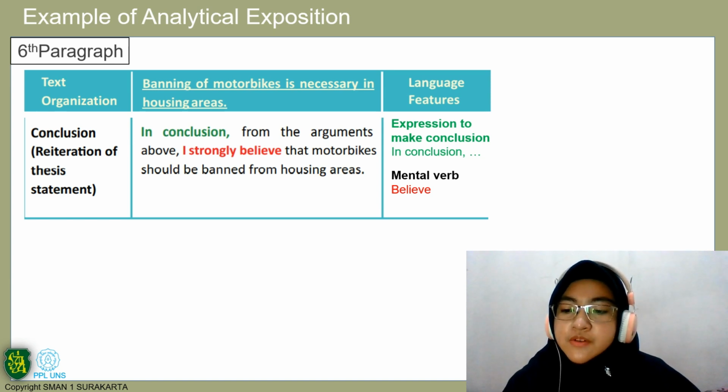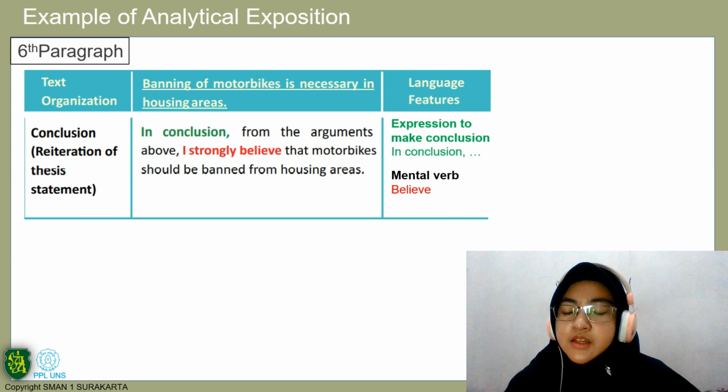In conclusion, from the arguments above, I strongly believe that motorbikes should be banned from housing areas. So in the thesis one, the writer states that he thinks banning of motorbikes is necessary.